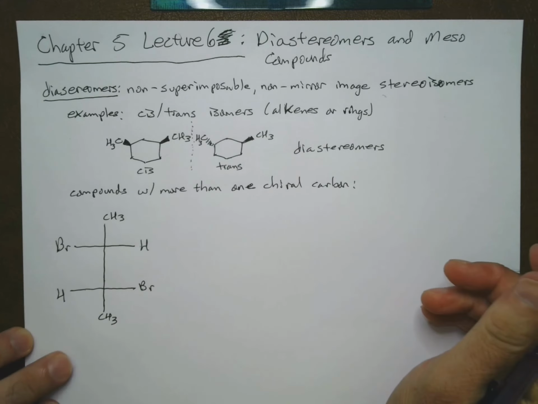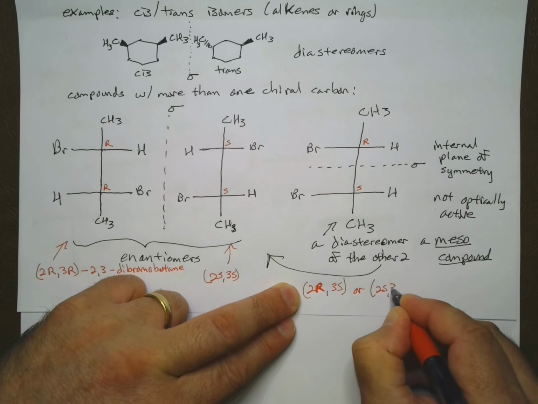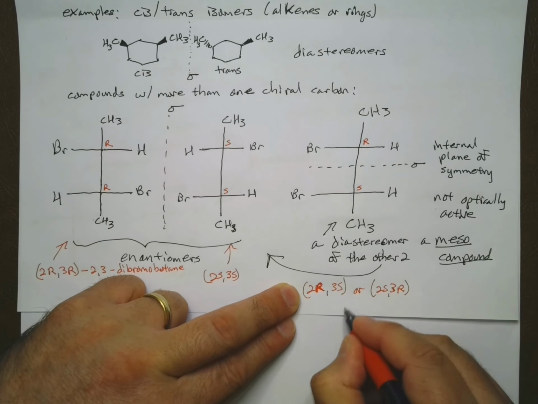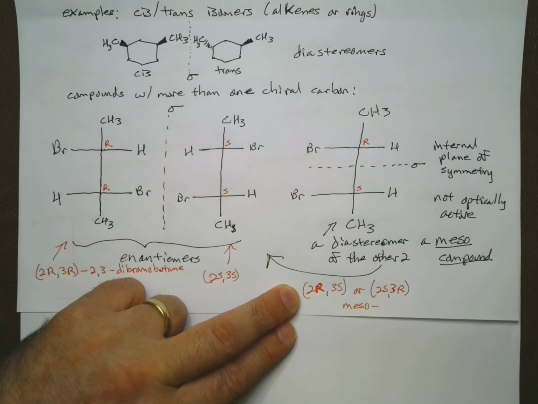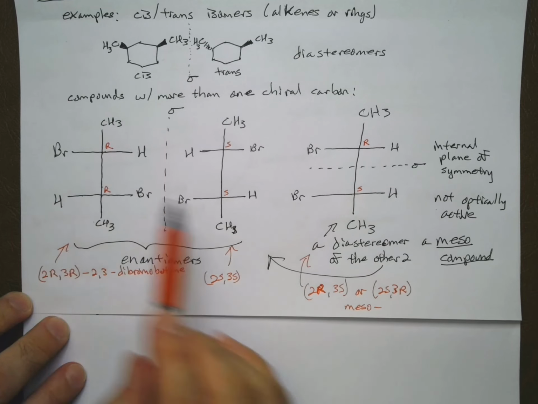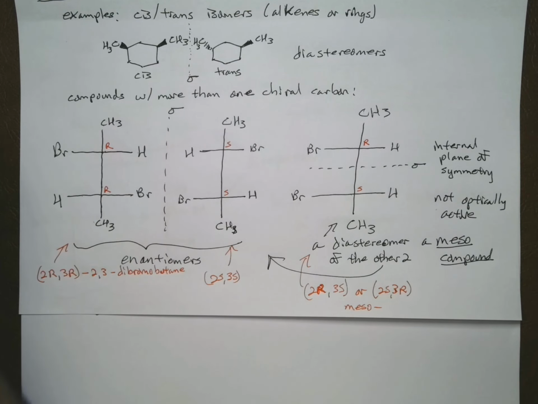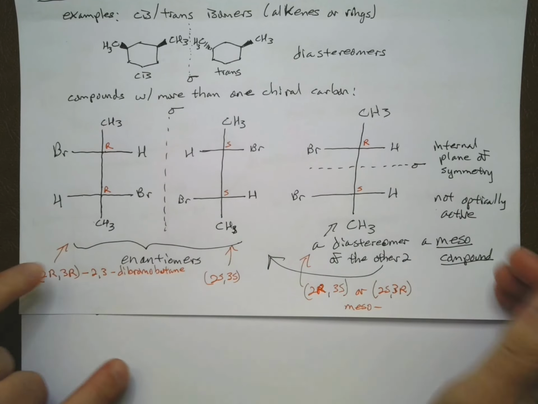And this guy here would be 2R, 3S, or 2S, 3R. Sometimes we would just call it meso. So if you're going to actually name the things that have more than one stereocenter, you need to indicate the R or S configuration at that particular stereocenter.